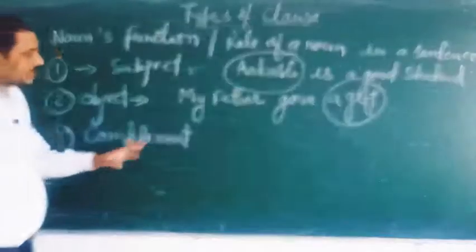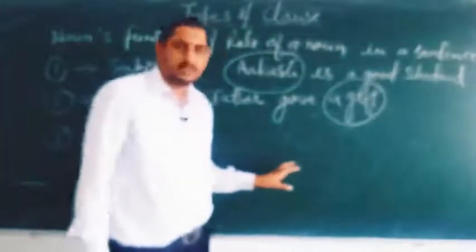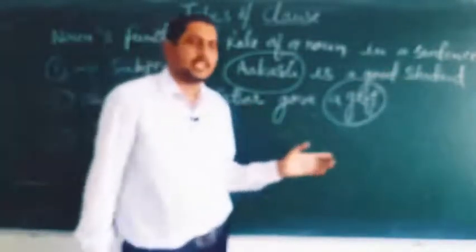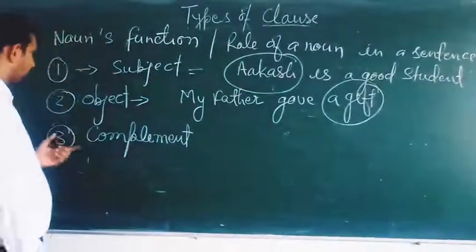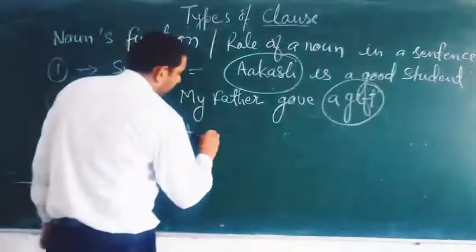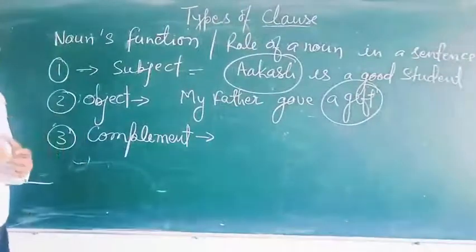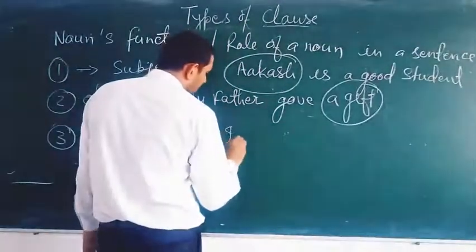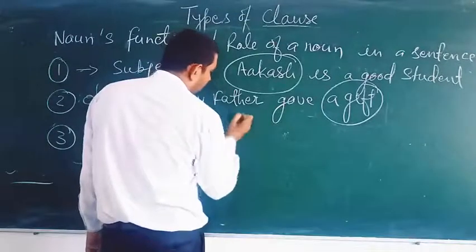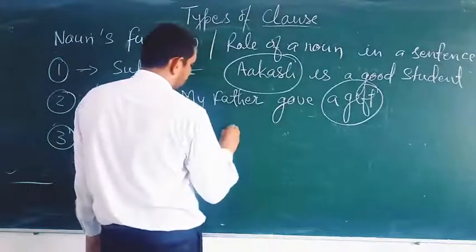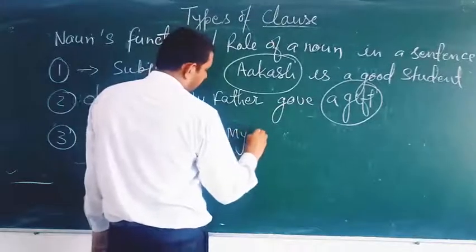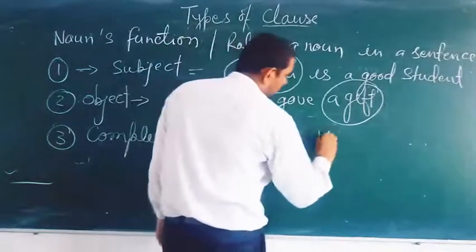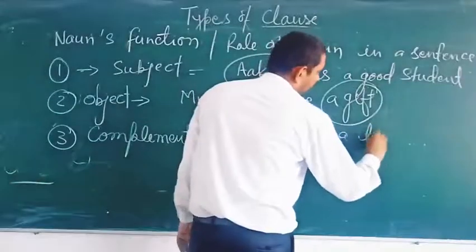Whenever the auxiliary verb is used as a main verb, and there are no other action verbs in the sentence, then any noun does the function of complement, just like my father is a teacher.